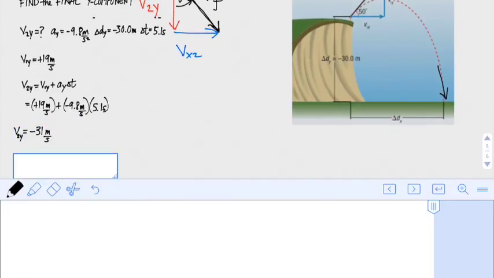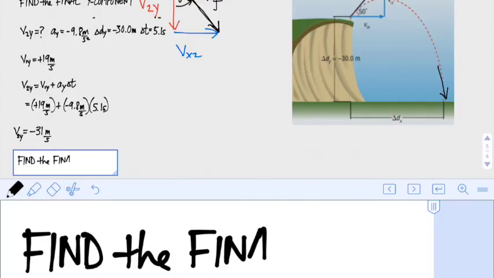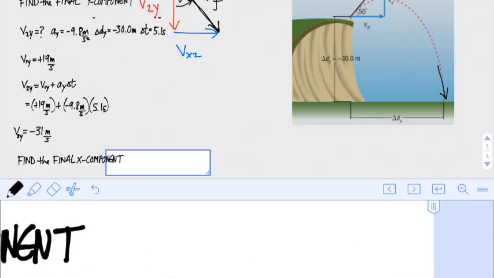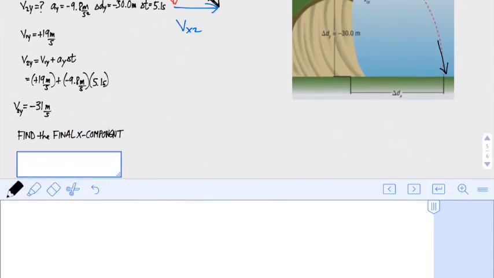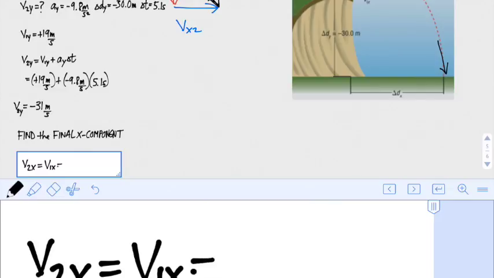In the second step, we'll find the final x component of the velocity. And now this is really easy. The final x component is always equal to the initial x component, and in this case, it was plus 16 meters per second.